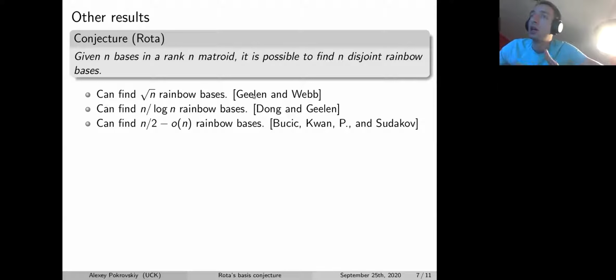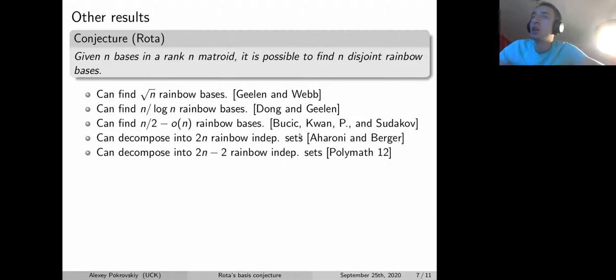So Geelen and Webb showed that you can get root n disjoint rainbow bases. Dong and Geelen improved this to n over log n using a probabilistic argument. And a couple of years ago with Bucić, Kwan, and Sudakov, we improved it to about n over 2. So roughly half of what Rota asks for. So this is one approach.